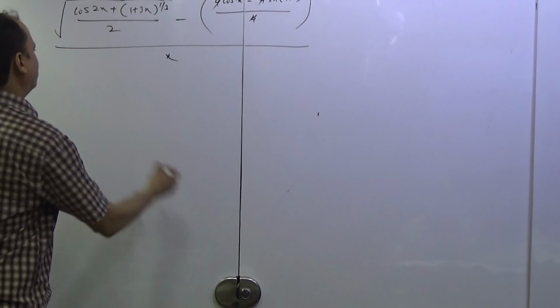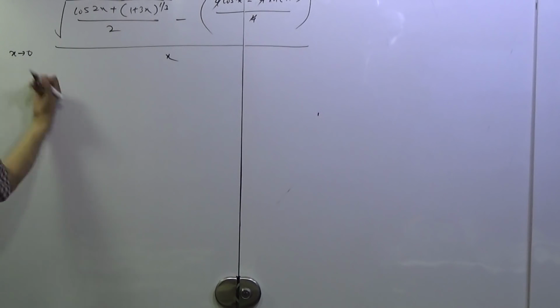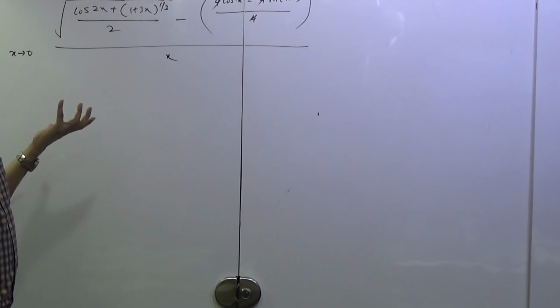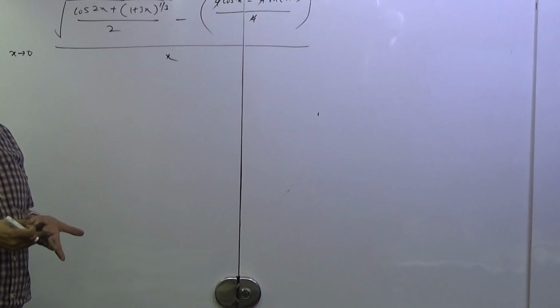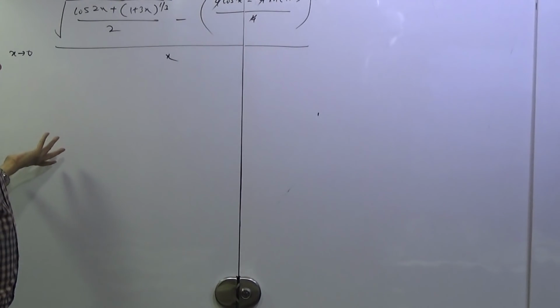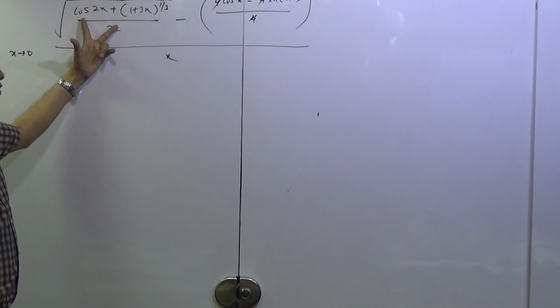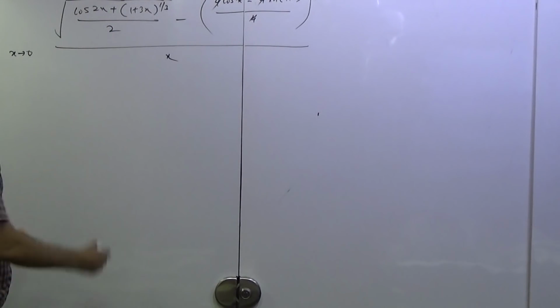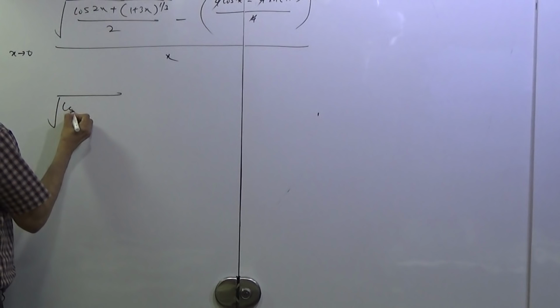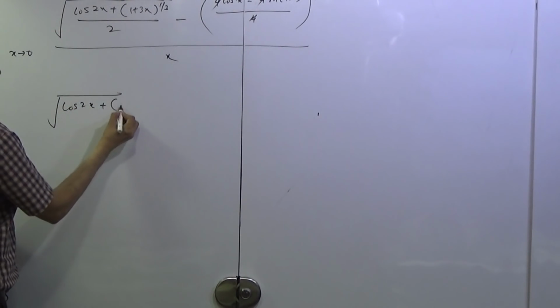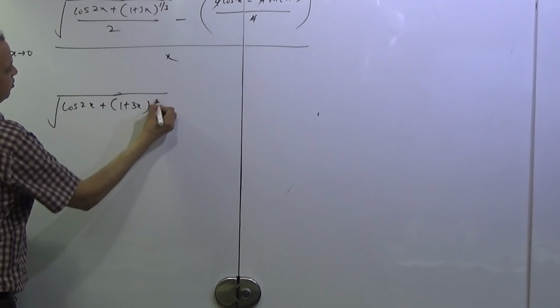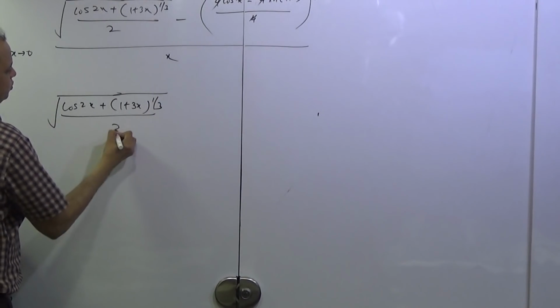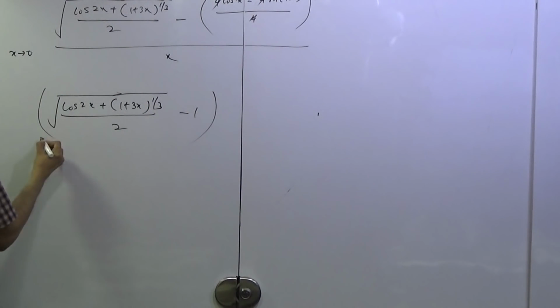Rationalization over here, just think about one thing. X tending to 0 over here. First of all, we must realize what kind of indeterminate form it is. 0 by 0 form. Then, is this becoming 0? It's becoming 1. So if I subtract 1, see, look at this. If I write it like this, cos 2x plus 1 plus 3x to the power 1 by 3 by 2 minus 1, by x.